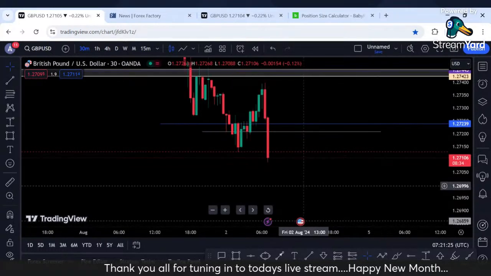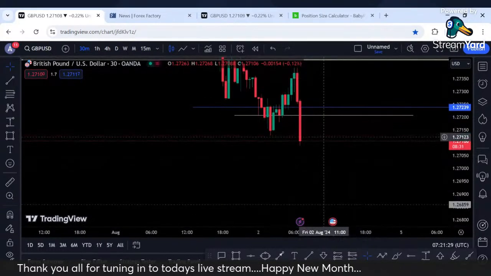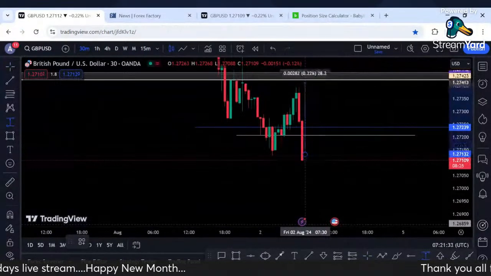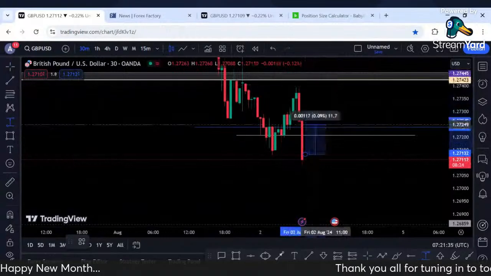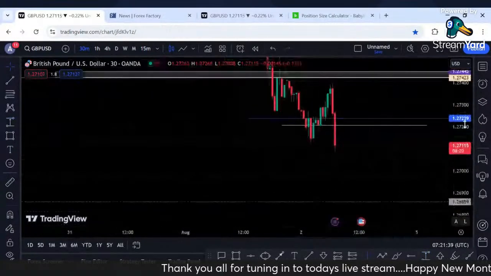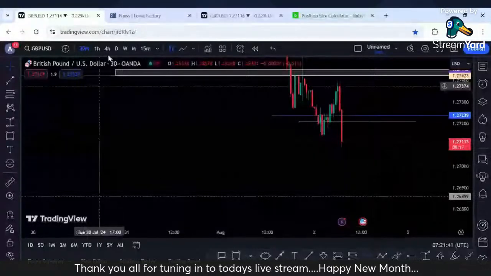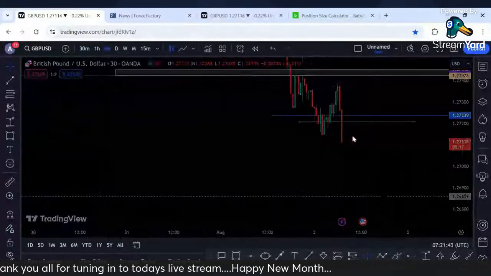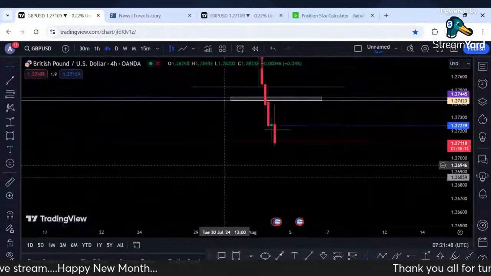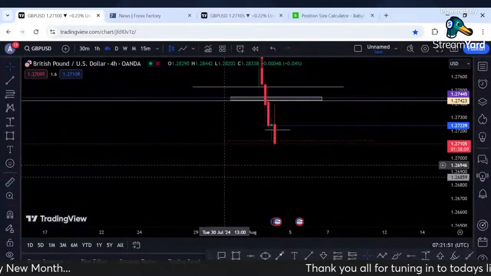So I will let it go, because if you sell at this point, you are going to get a wider stop loss. The stop loss is going to be wide, even though on the H4 you are in volume time.